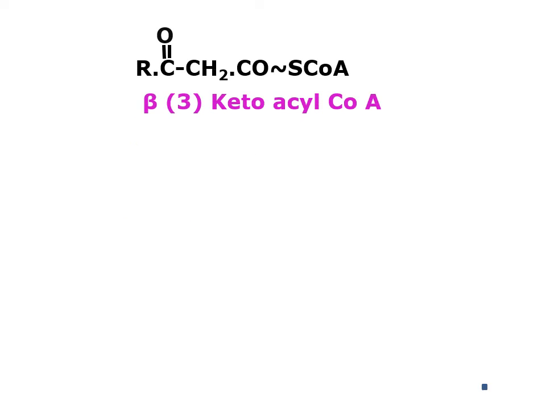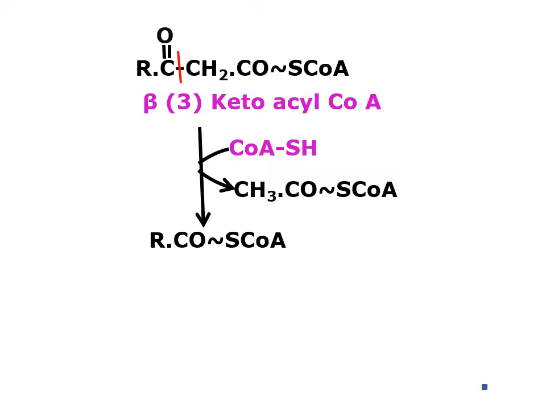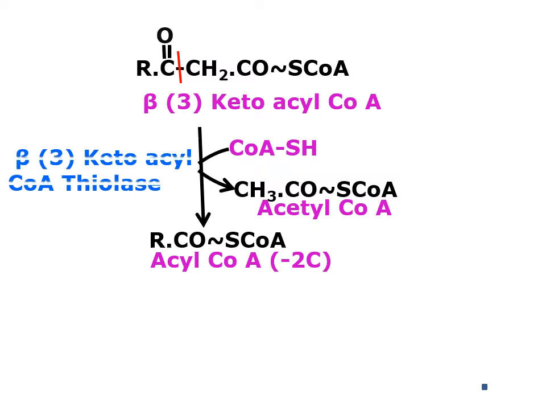Now this beta keto acyl CoA removes 2 carbon atoms from this acyl CoA as acetyl CoA. It forms acetyl CoA in the presence of CoA, and it gets cleaved, and this enzyme is nothing but thiolase, beta keto acyl CoA thiolase. So now 2 carbon atoms are removed as acetyl CoA. Now the original fatty acid has 2 carbon atoms less at the end of beta oxidation.